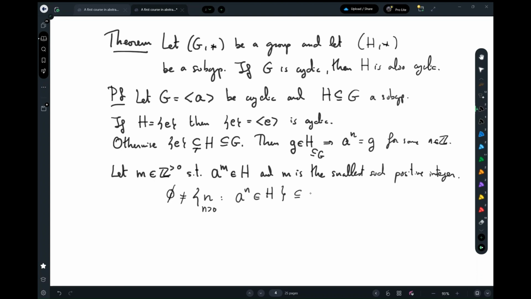And on the other hand, this is a subset of the natural numbers. So by the well-ordering principle in the natural numbers, there is a minimum. There is a least element.